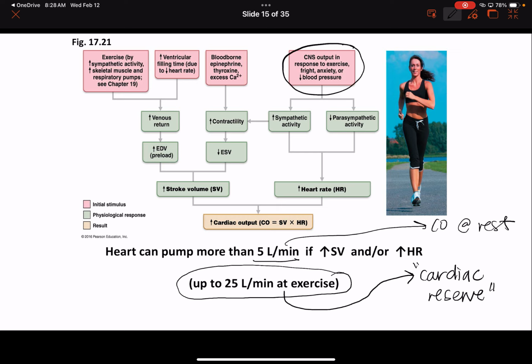And if we remember from last time, norepinephrine and epinephrine, your catecholamines, are released at the SA node, the AV node, and at the ventricles. And at the ventricles, they're specifically controlling the myocardium.